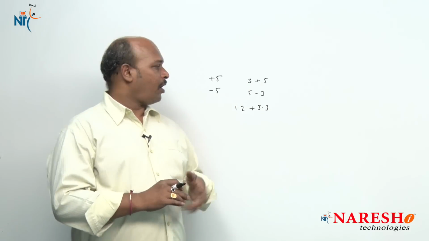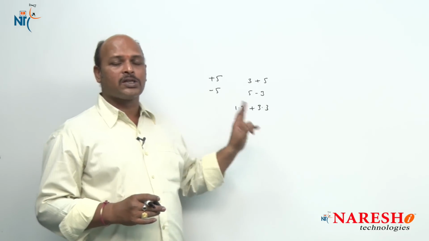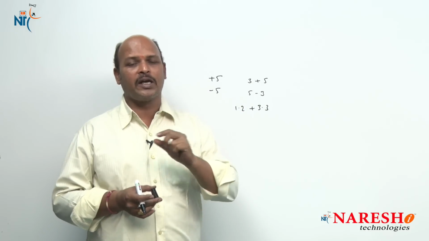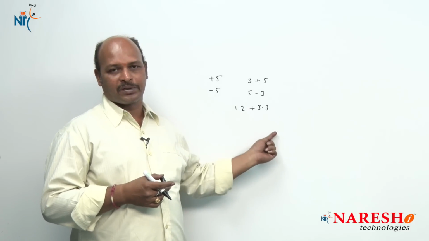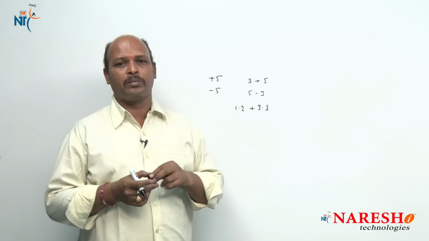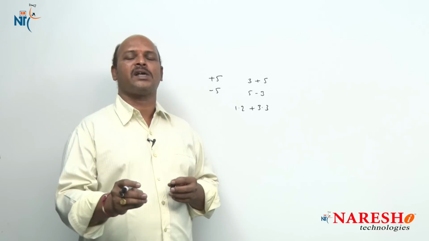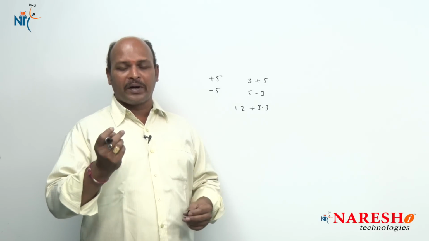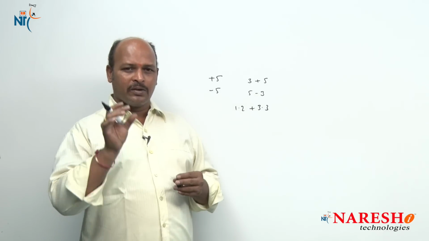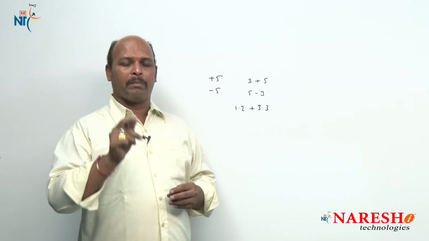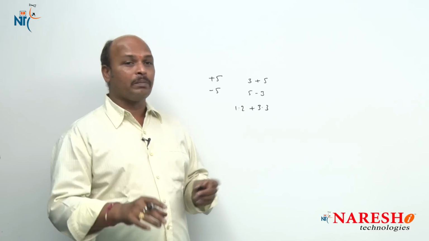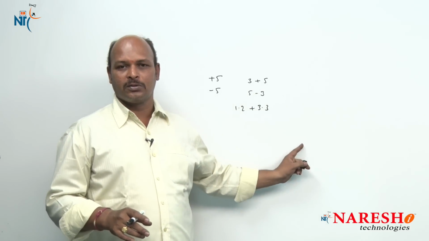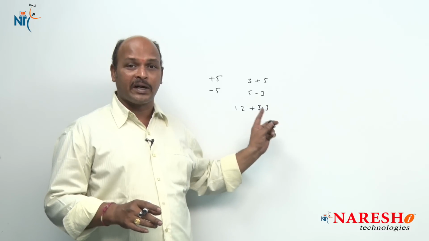That means all these operators are designed to work with predefined data types. The most important point is that an operator is a special symbol designed to perform a particular operation only on predefined data types.